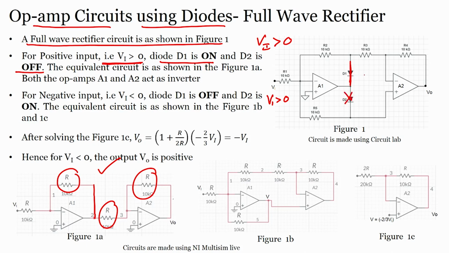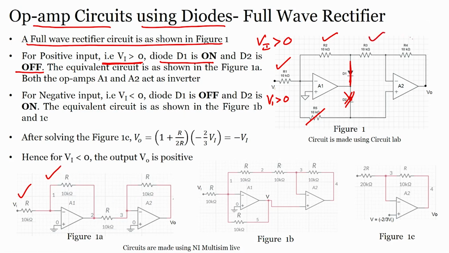So now I cannot see this part, I can only see the remaining circuit. This one would be there, and this one, which is here and here. Then I have R3, R4, connected from here to here, and then we have A2. So you see here A1, A2, that is the equivalent circuit when Vi is greater than 0.